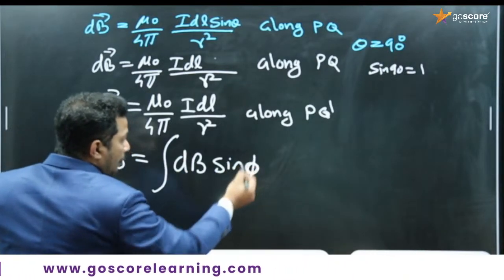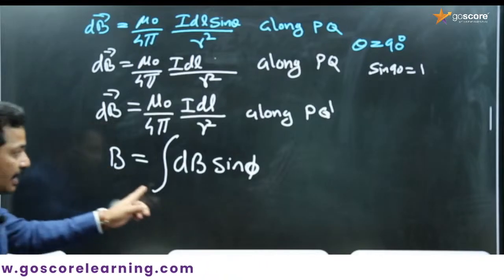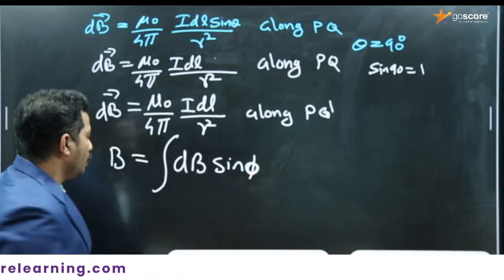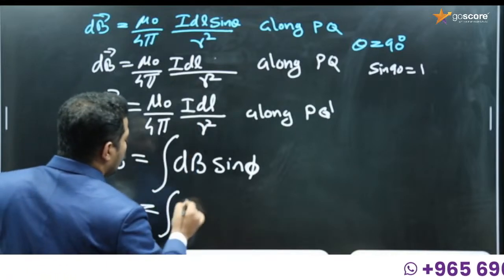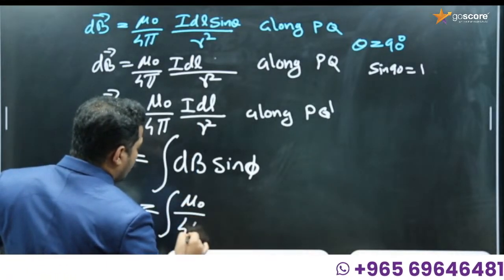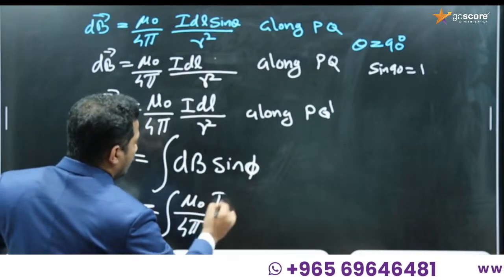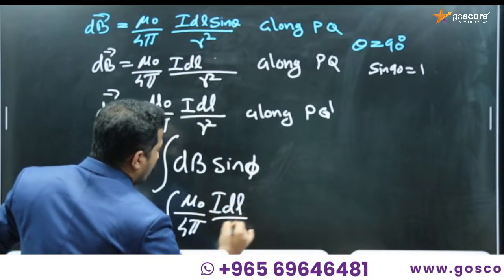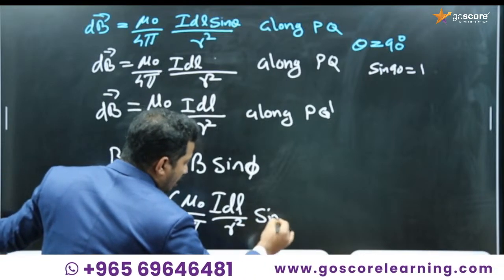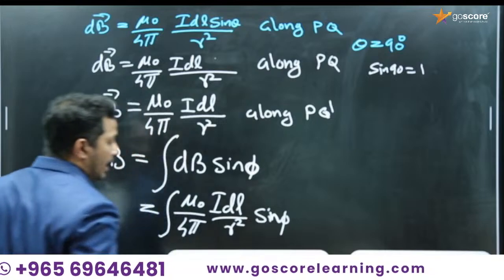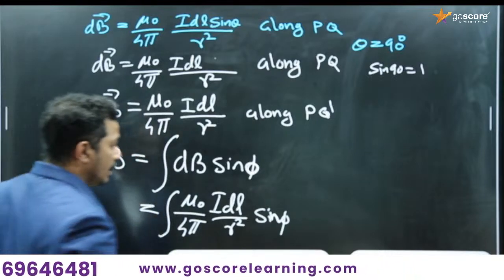So the total magnetic field will be equal to the integral of dB sin phi. Okay, so what is dB? dB is mu 0 divided by 4 pi, I dl by r square, into sin phi.